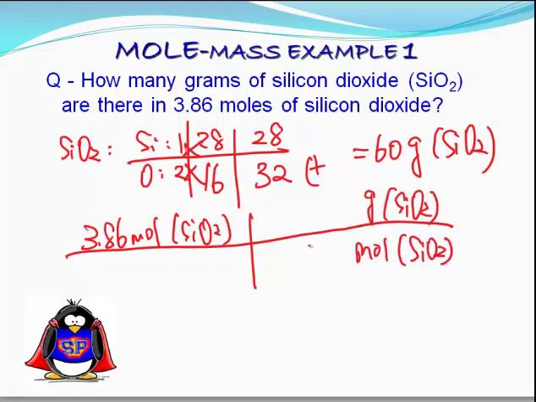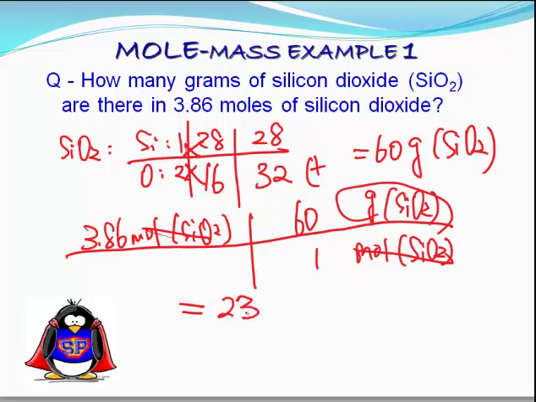And now you start to say, oh, I know how to do it, because you simply fill in the blank. 1 mole of silicon dioxide will be equal to 60 grams of silicon dioxide. Mole cancelled, you got the right unit, and simply carry out the mathematical operations. In this case, it will give you 231.6 grams of SiO2.